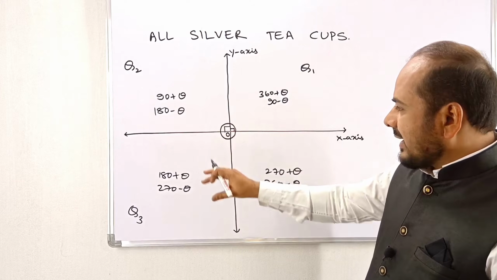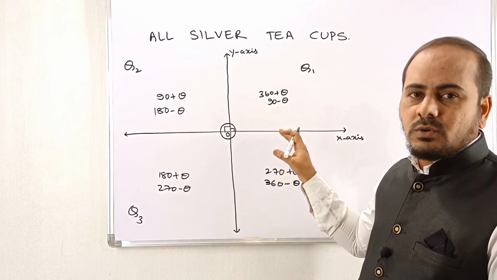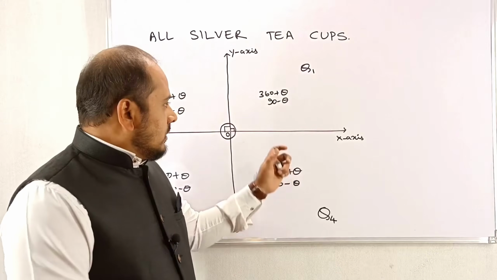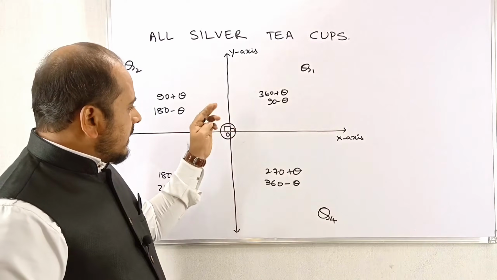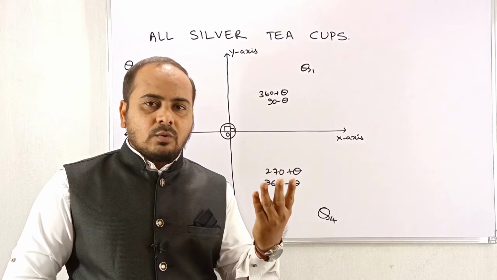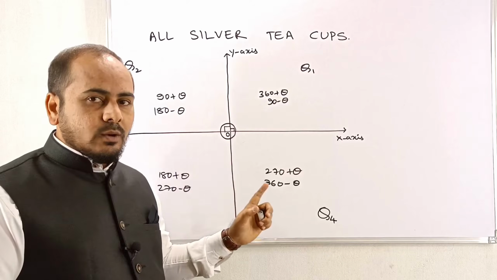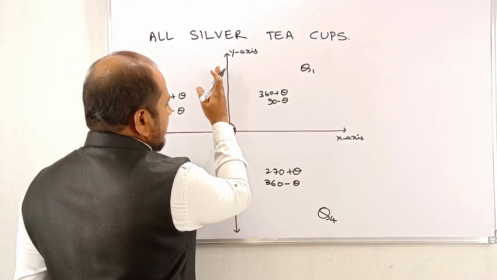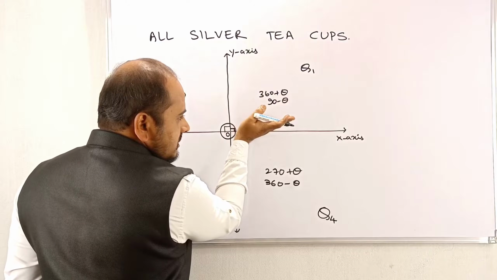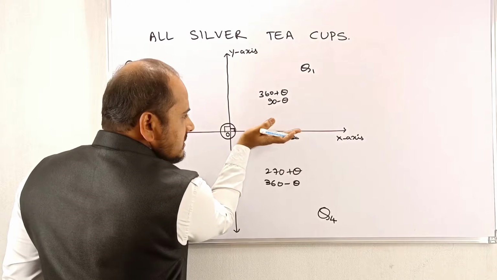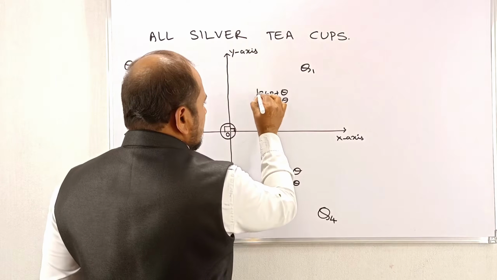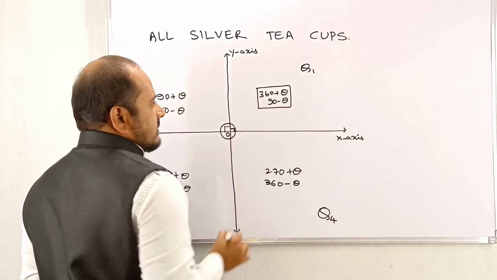Once again I am going to clarify this first, then we shall move to the next topic, my dear. Observe that in a plane the x and y axes divide it into four equal quadrants. The first quadrant represents 90 minus theta and 360 plus theta. These two angles represent only the first quadrant.